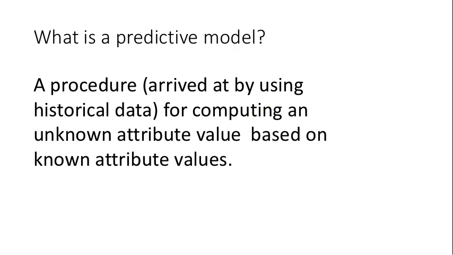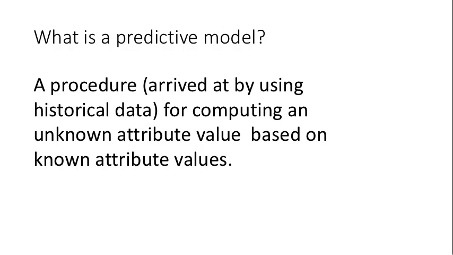In other words, we figured out a model to calculate the cost based on the weight, or to calculate whether a person is going to be a buyer or non-buyer based on income. So based on a known attribute value, in this case there was only one attribute value, but in reality it could be many attribute values, we want to build a model to find an attribute value whose value we do not know.